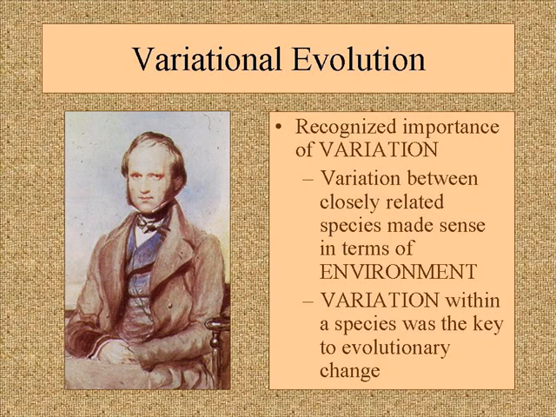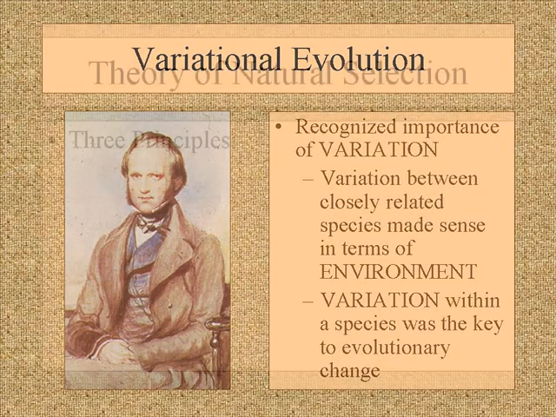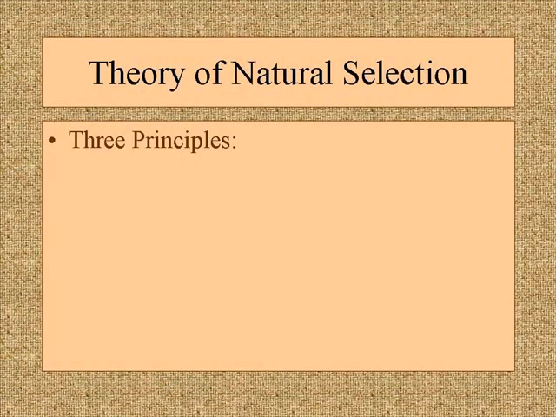But as he continued to think about variation, he realized that variation within a species, that is, between different members of the same species, was the key to evolutionary change. And so as he thought about this concept of variation, he started developing his theory of natural selection.